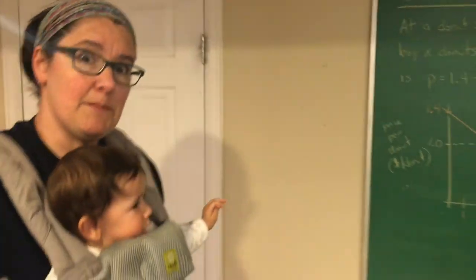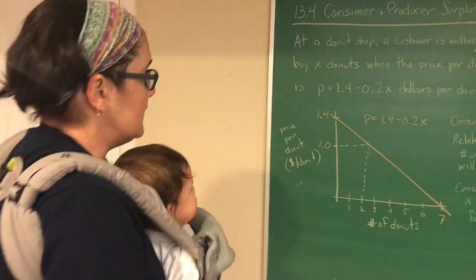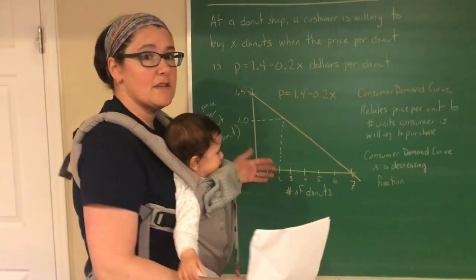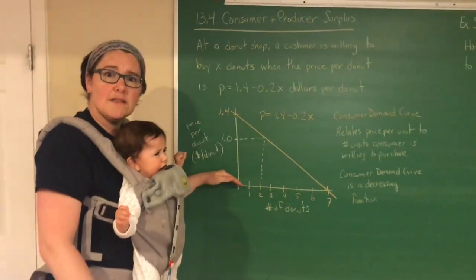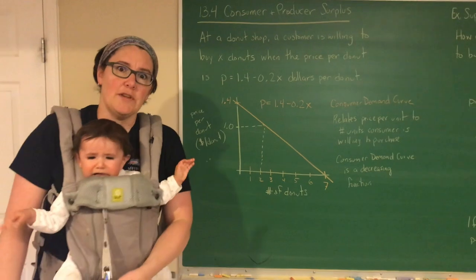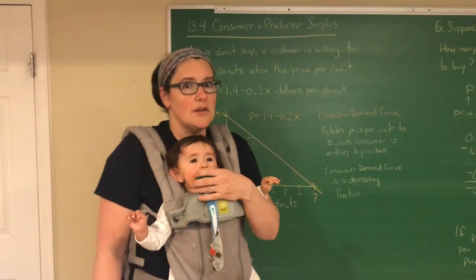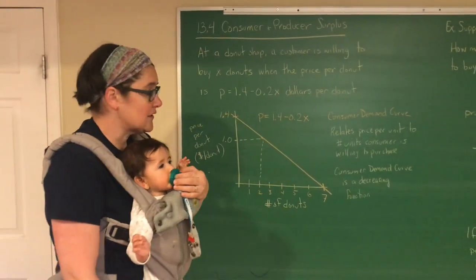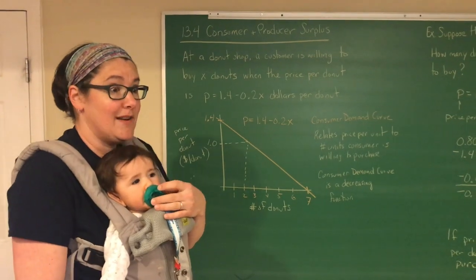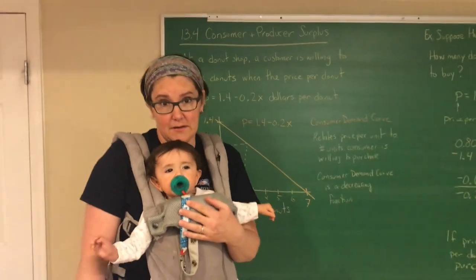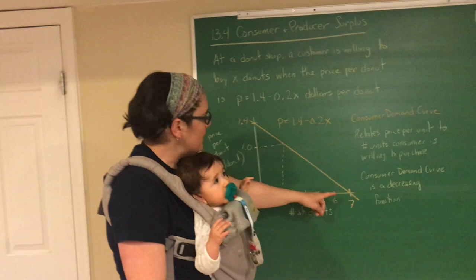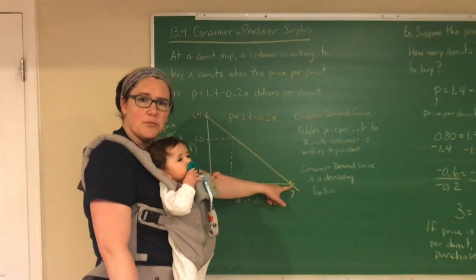Okay, so from the consumer's perspective in this interaction, the consumer is saying, the lower the price, the more donuts I'm willing to purchase. Now, you might have also noticed that our customer walked in at one point and the donuts were being offered for free. That's where this intersection point is here.